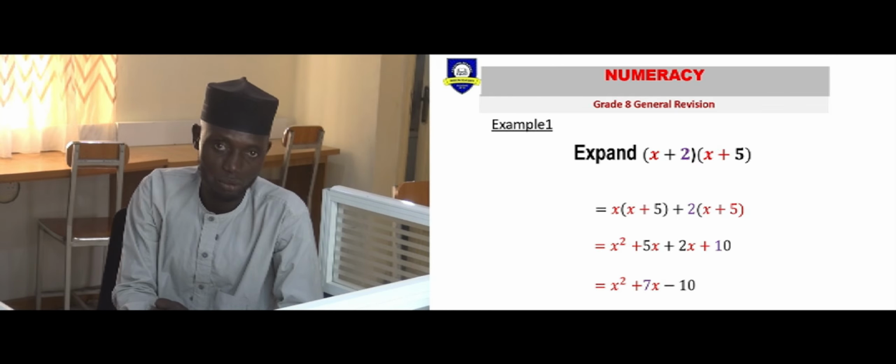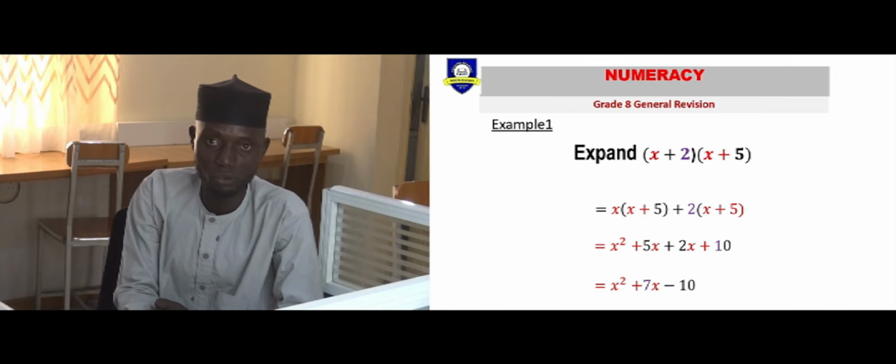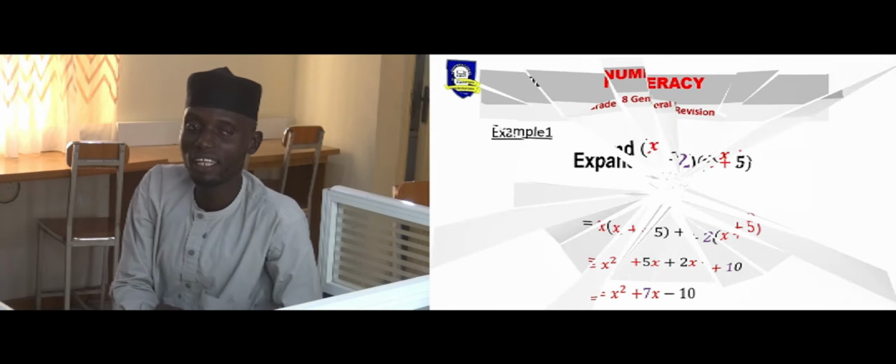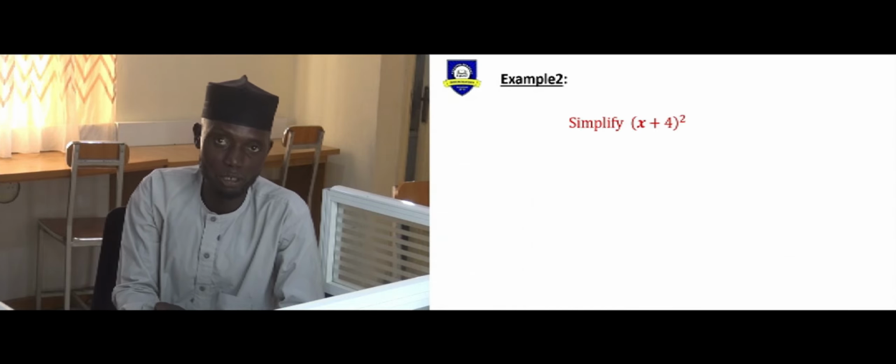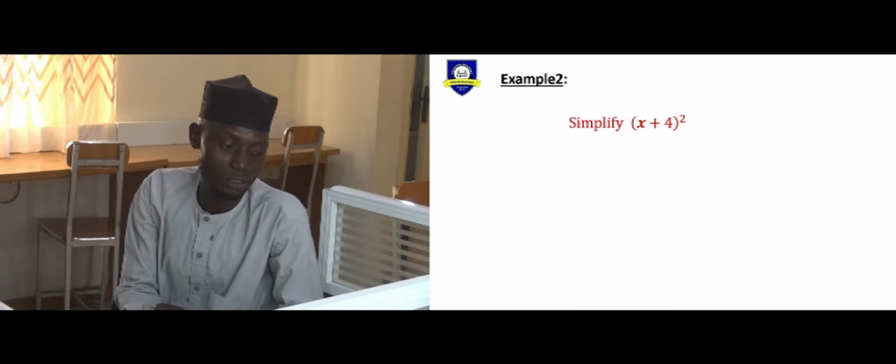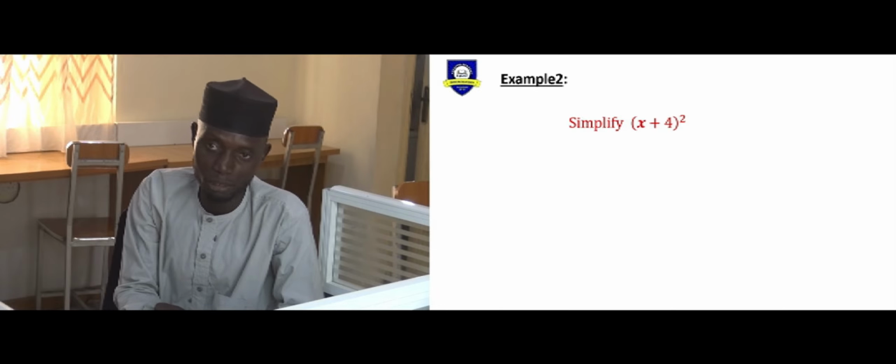Next we have simplify x plus 4 squared. This is binomial expansion. So you can simplify it as x plus 4 multiplying itself. That is what x plus 4 squared means.